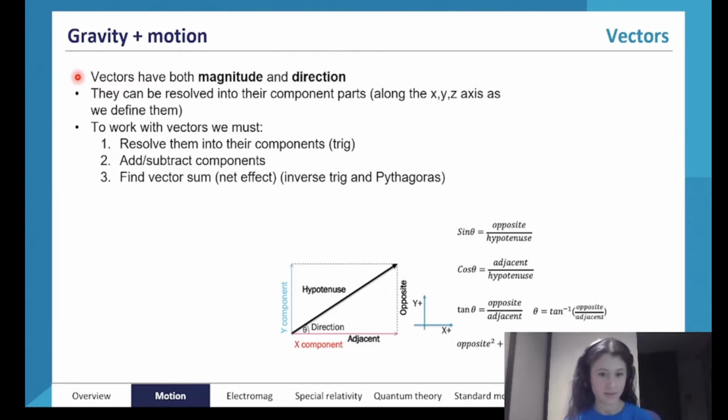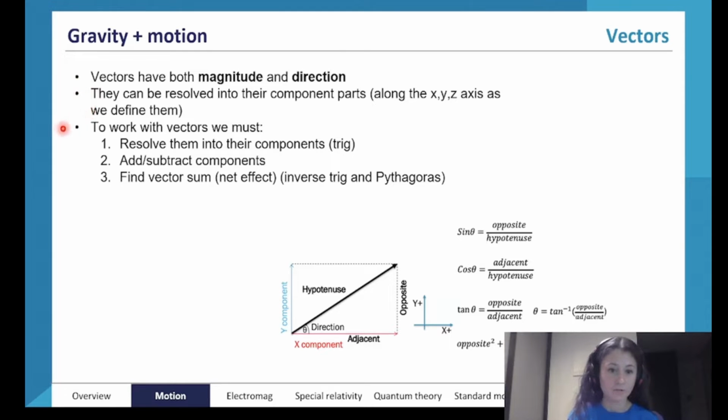However, a vector has both magnitude and direction. So it will be 3 meters south, 5 meters per second to the left, 3 meters per second at an angle of 30 degrees. They all include directions.